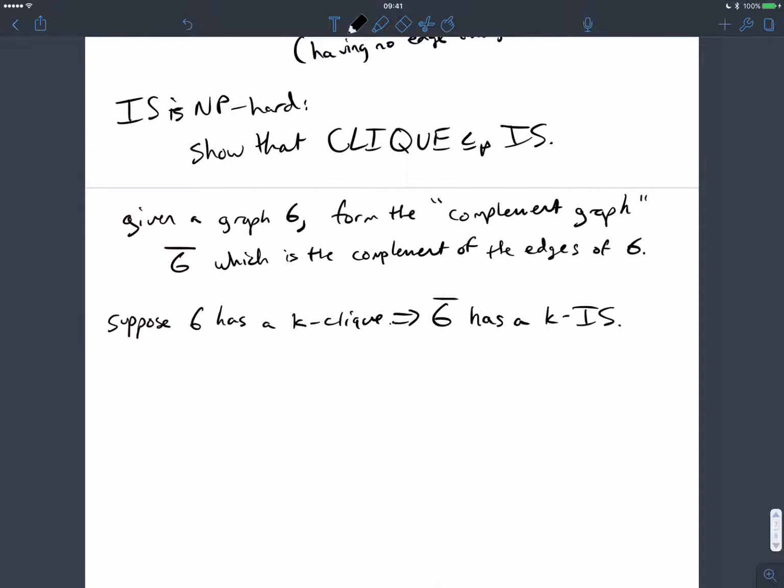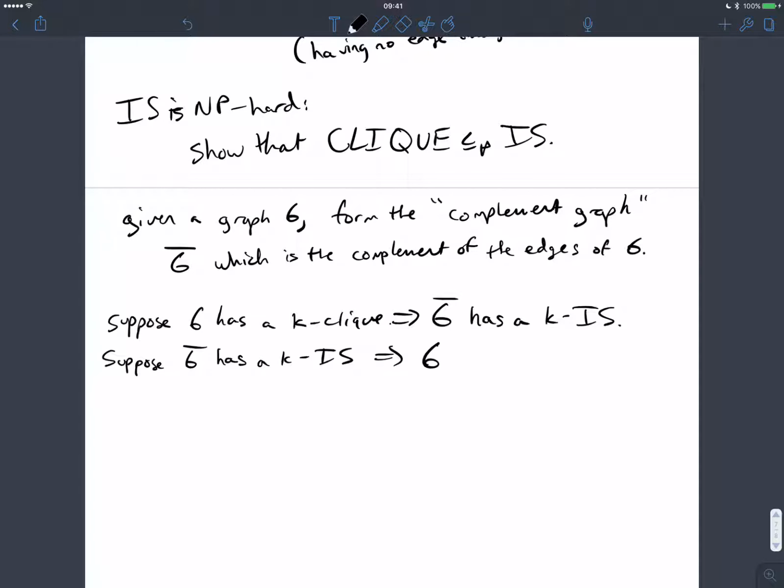Well, now let's look at the other direction. Suppose G bar has a k-IS. If the resulting graph has a k-independent set, did the original graph have a k-clique? Yes, because if we complement again, we get the original graph back, which by nature of having an independent set, the complement is a clique.